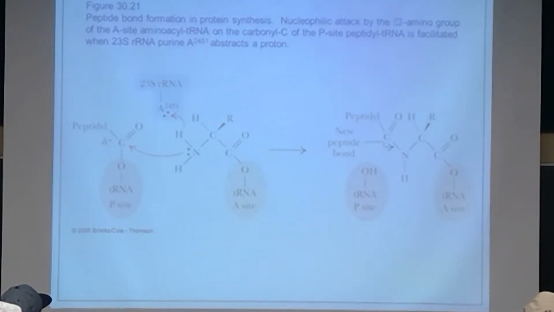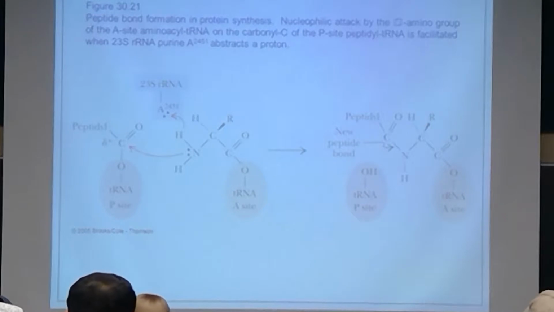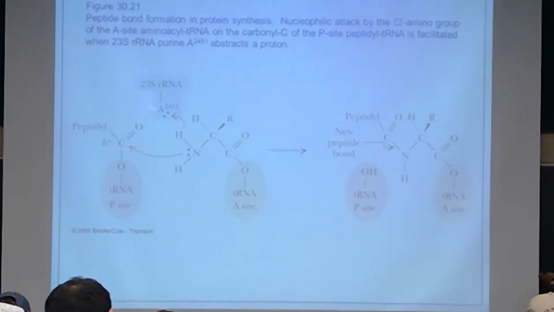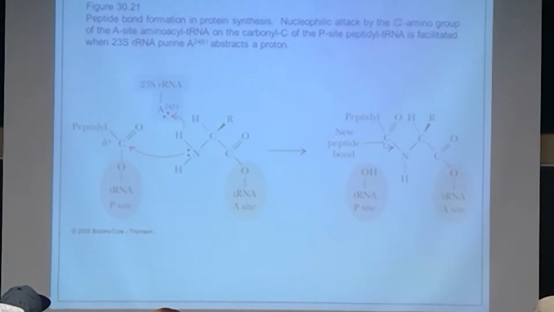And in the case of E. coli, this position is fixed: that adenine group at the 2451 position acts as a general base. Does it make sense? We studied general acid-base catalysis. It acts as a base to deprotonate so that the amine can act as a nucleophile. Is it clear?